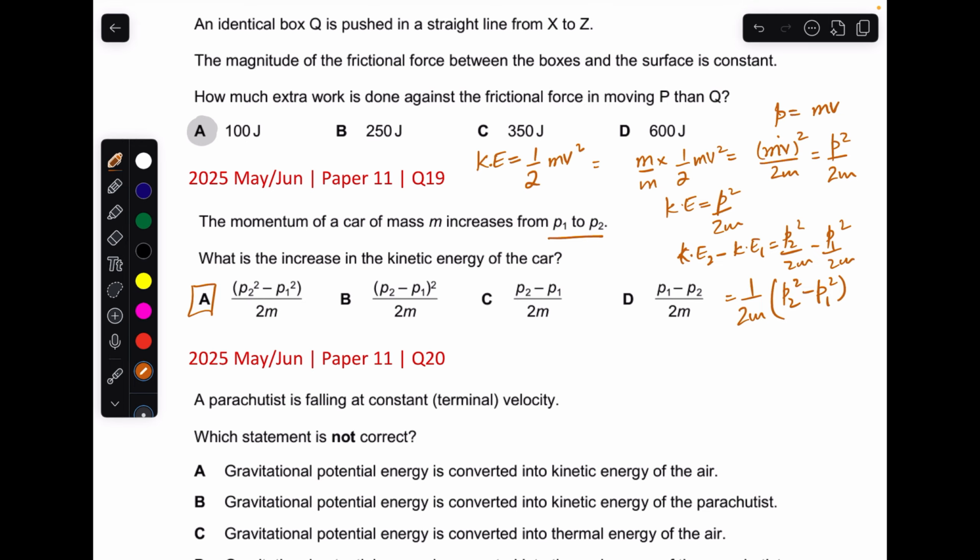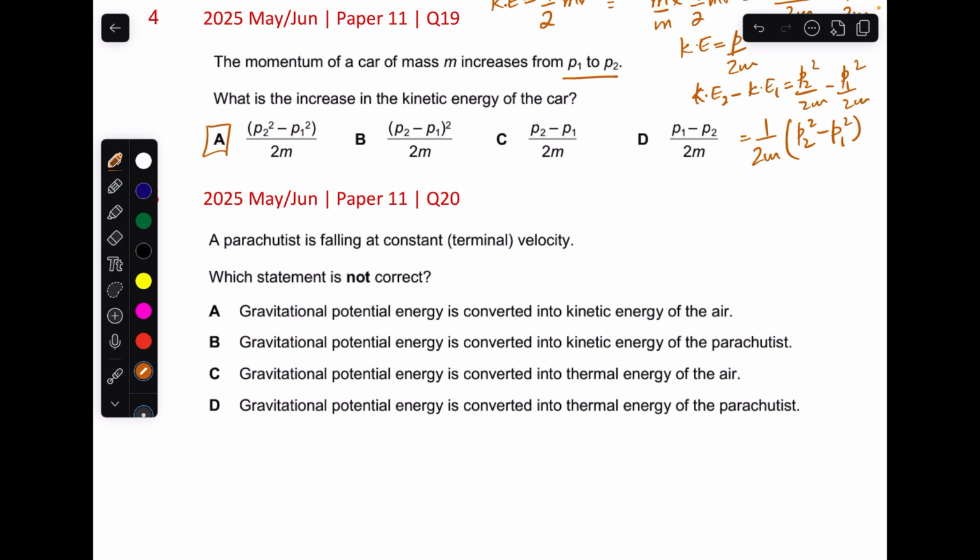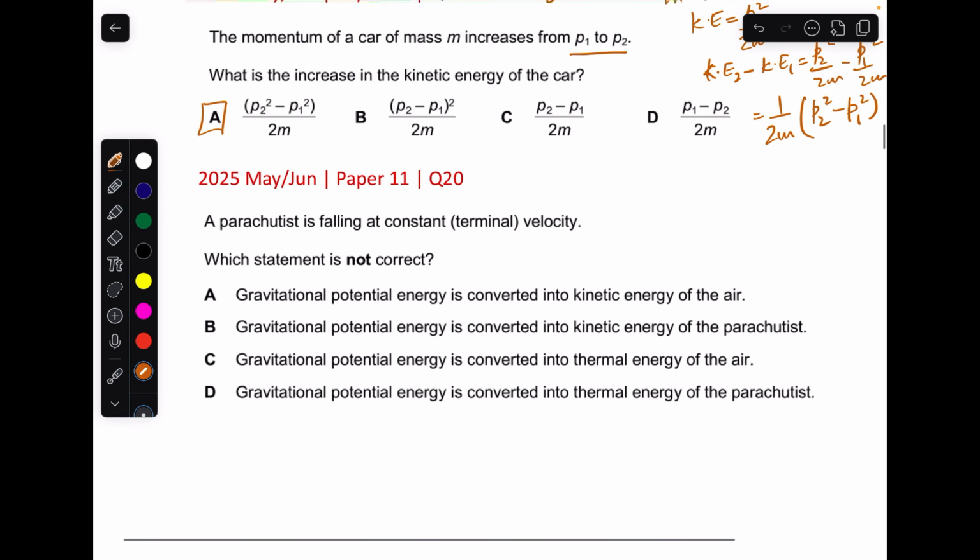In the next question, a parachutist is falling at a constant terminal velocity. Which statement is correct? It's the conversion of energy, and they're telling you the velocity of the parachutist is constant.